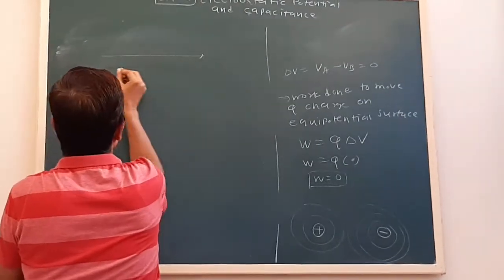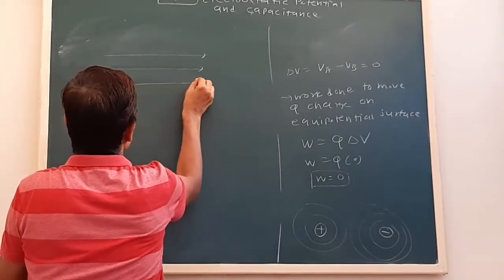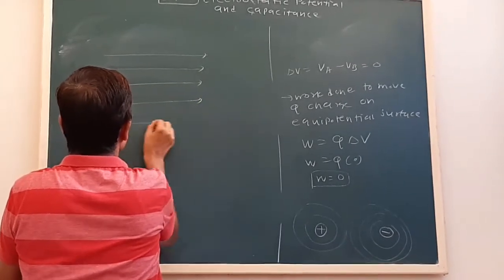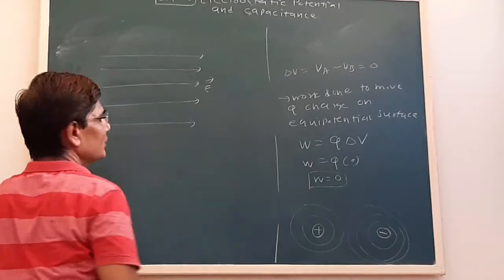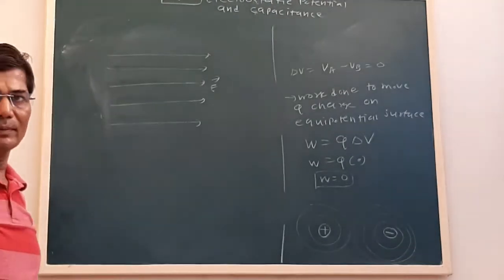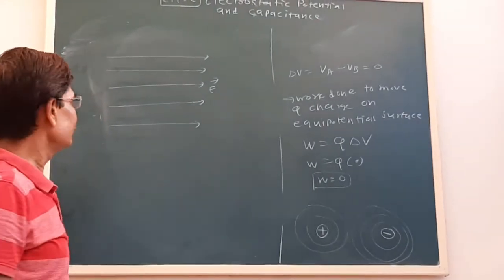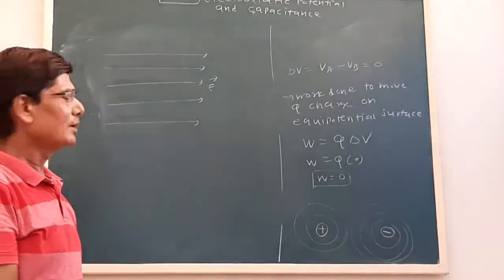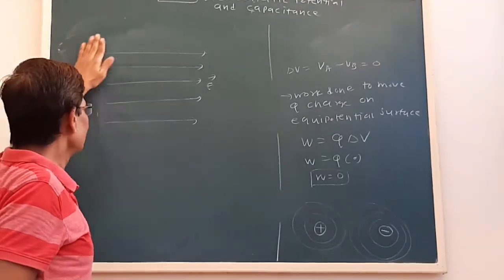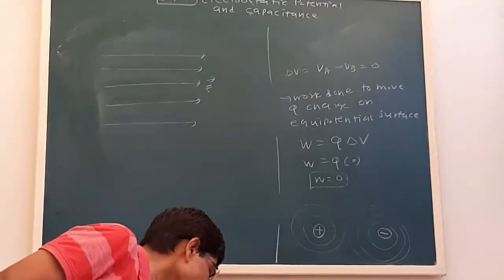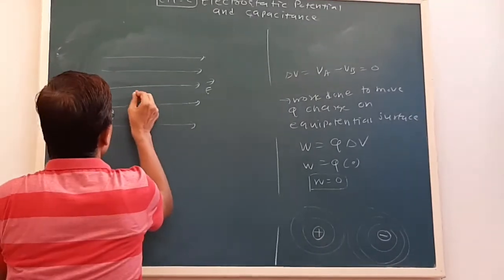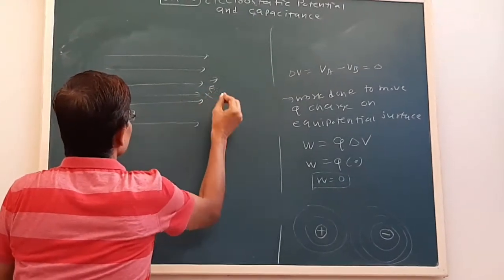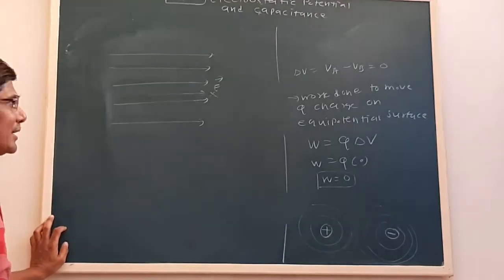See one more example of equipotential surface. Suppose the uniform electric field is E. Now we have seen earlier in the first lesson that if we want to represent a uniform electric field, it will be parallel and equidistant lines. Now let us say we assume that the uniform electric field is in x direction.